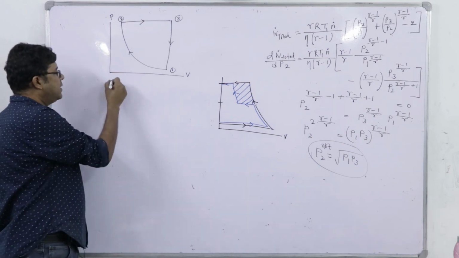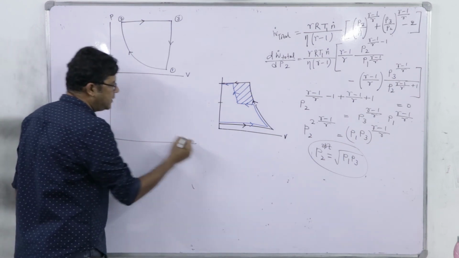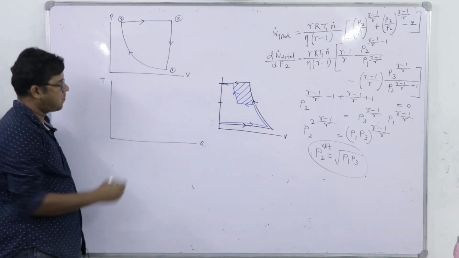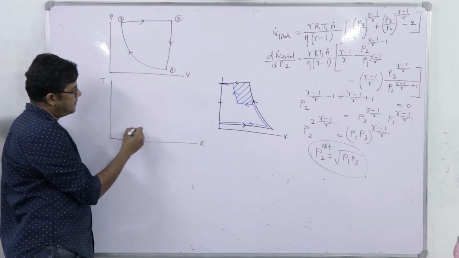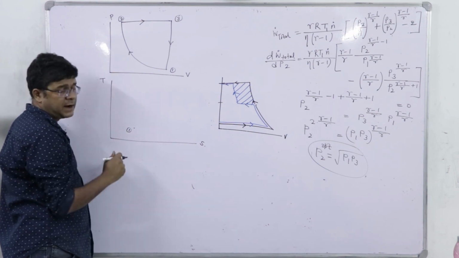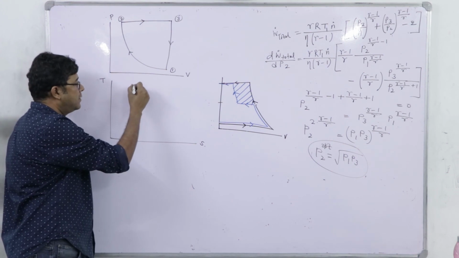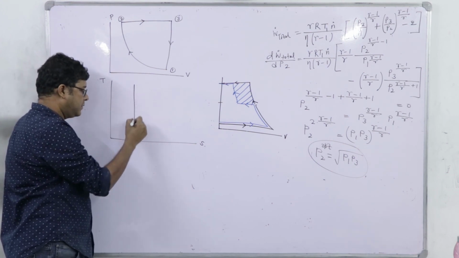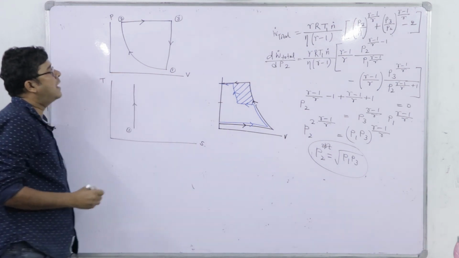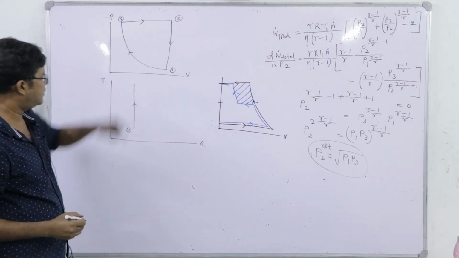So, what will be the respective plot in TS? From 1 it is reversible adiabatic, so isentropic will go like this. Next it is isobaric, right.